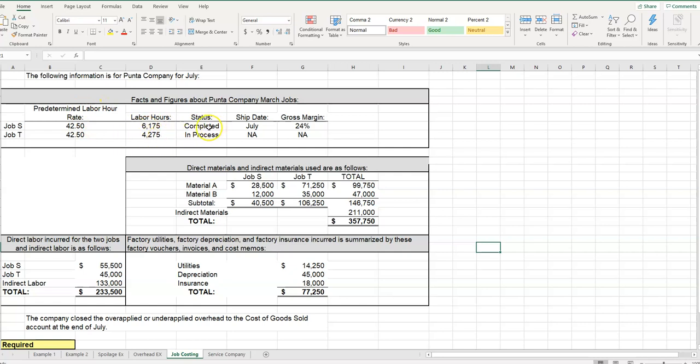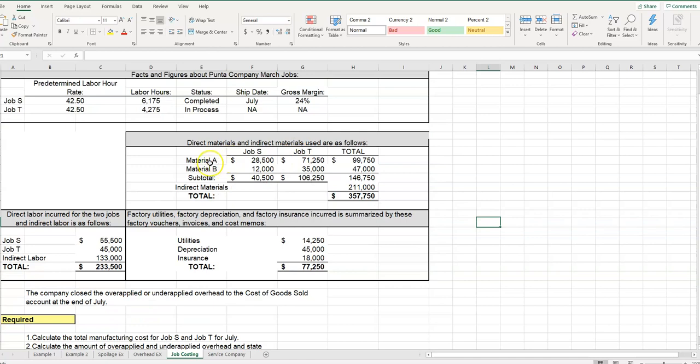We know that job S is completed and was shipped, and that job T is in process. We have information about the materials added to them, direct labor and indirect labor, and utilities, depreciation, and insurance. When we're calculating total manufacturing costs, those are direct materials, direct labor, and allocated overhead costs.